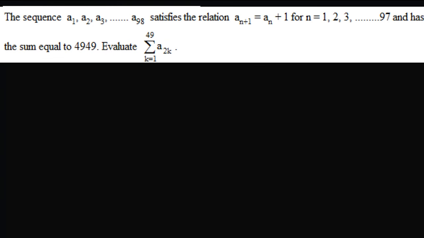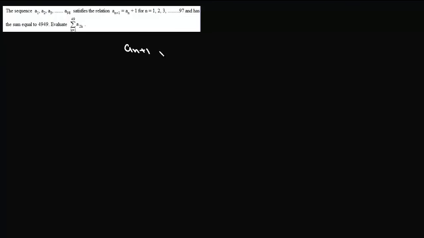Now here the question is, this sequence A1, A2, A3 up to A98 satisfies this relation, which is a(n+1) minus a(n) is equal to 1. That means it is an AP because the successive difference is constant and equal to 1. So the value of D is 1 and its sum is equal to 4949. So the sum of these 98 terms is 4949.